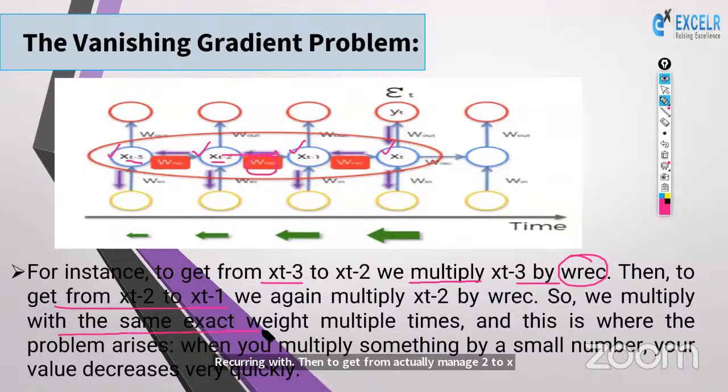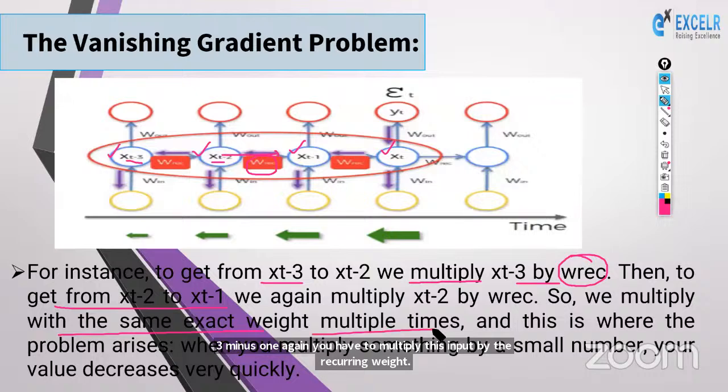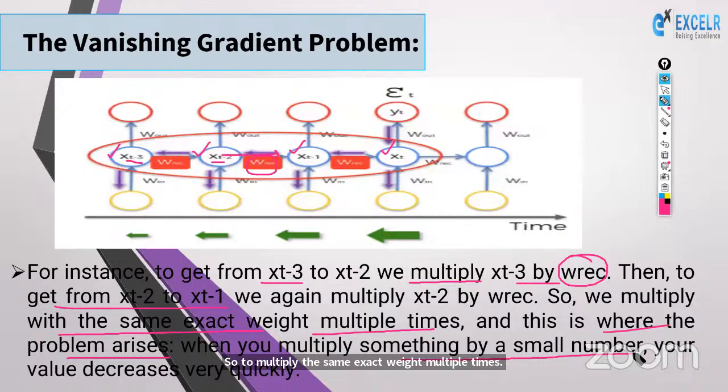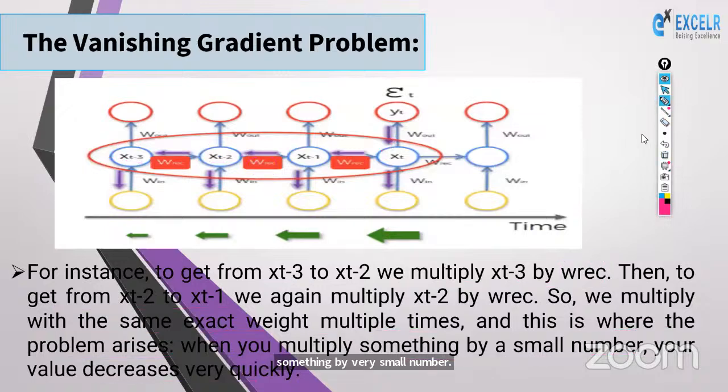Multiplying with the same exact weight multiple times is where the problem arises. When you multiply something by a very small number, your value will decrease very quickly. So if all these WRECs get multiplied, and the value is very small, that is less than 1, the final value will be very small. This creates an accuracy issue with the model.